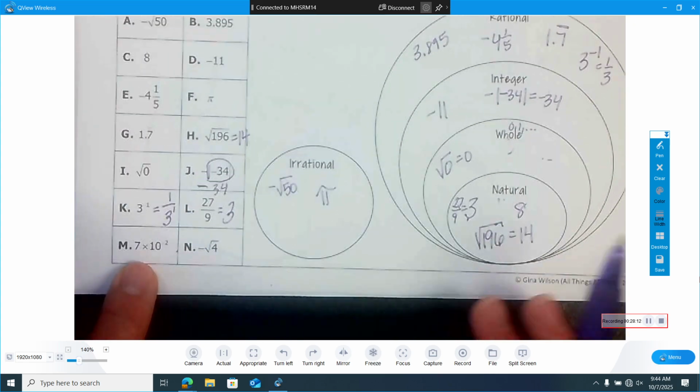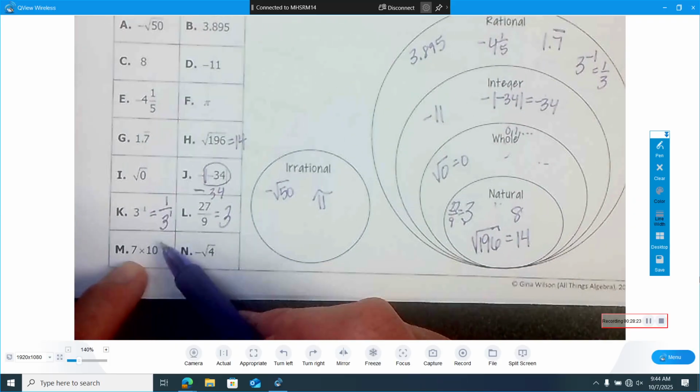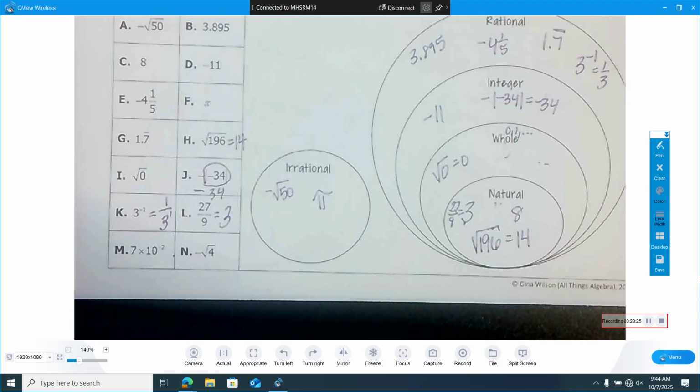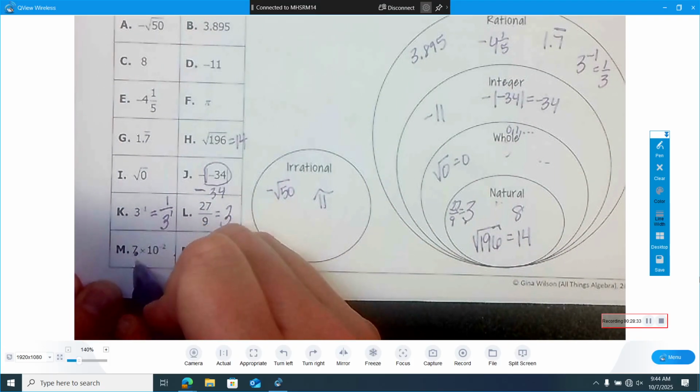What is this? 7 times 10 to the negative 2. Sad. It is sad. This is scientific notation. Now, what kind of number? If our exponent is negative, is that going to give me a big number or a little number? It's a little decimal here. If you remember, we have our decimal point at the 7.